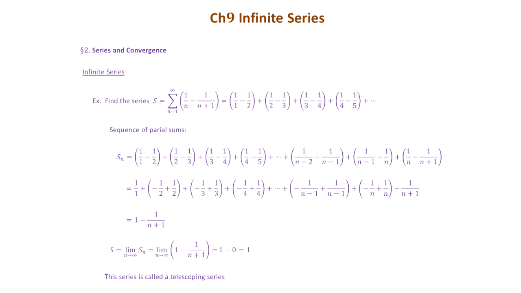So basically, what is left is just 1 and the last term. If you try to compute the partial sum, S sub n, that means you add the first n terms of this series.